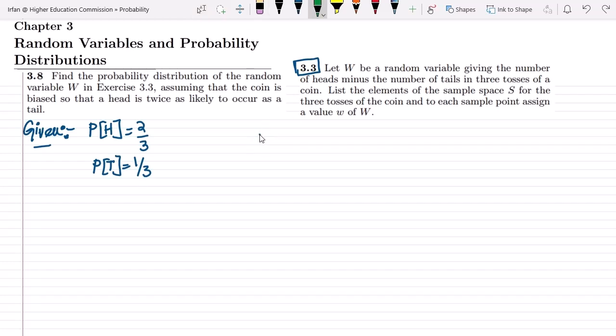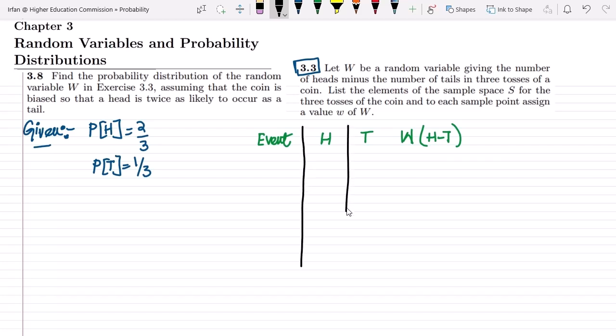In this event, we have the number of heads, the number of tails, and w. What is w? This would be heads minus tails. Now let me slice them here.